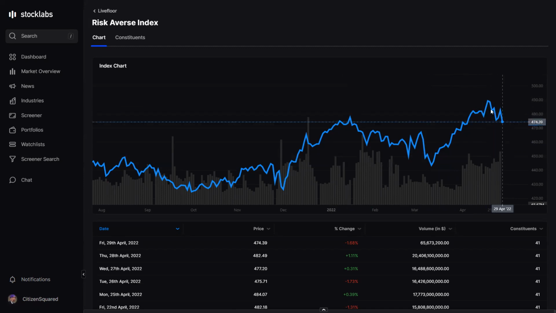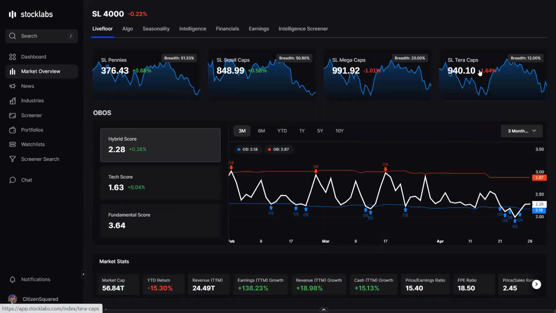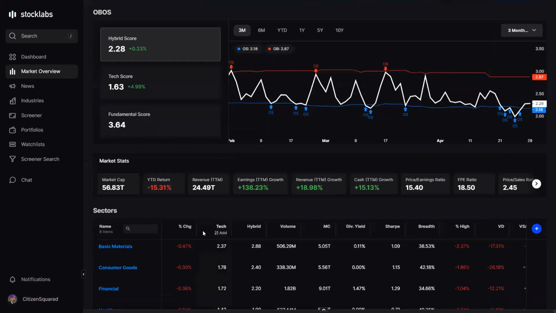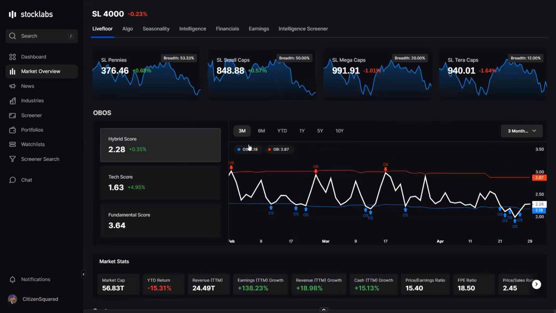Actually, it's coming off a little bit here, over the last week, a little bit more than a week. But you have all this. Across the top, market cap breakdowns. Right here, front and center, primary algo on the market, hybrid scores, tech scores, market stats, sectors, and indices. So this is just the main floor page that you'll see.